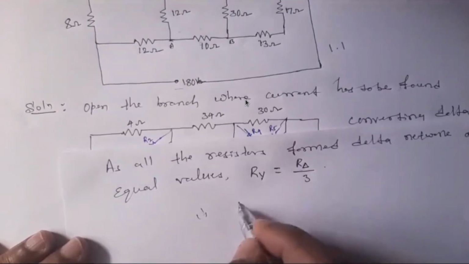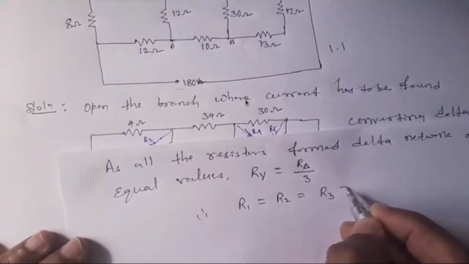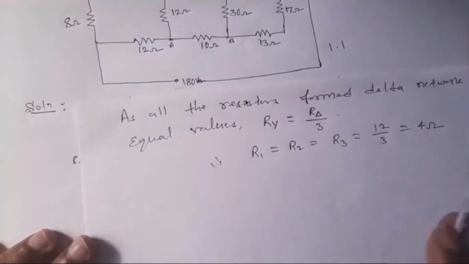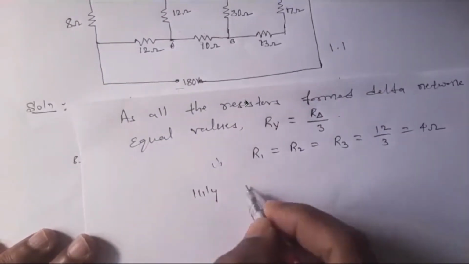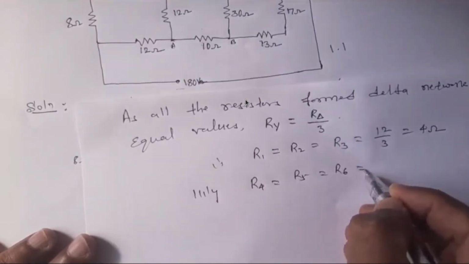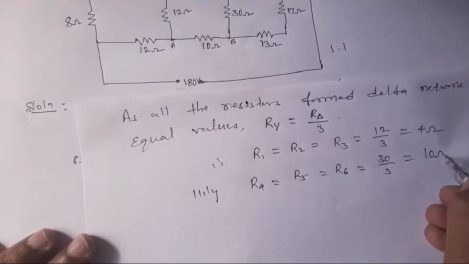Therefore, R1 is equal to R2 is equal to R3 is equal to 12 by 3, which is equal to 4 ohm. And similarly, R4 is equal to R5 is equal to R6, which is 30 by 3, equal to 10 ohm.